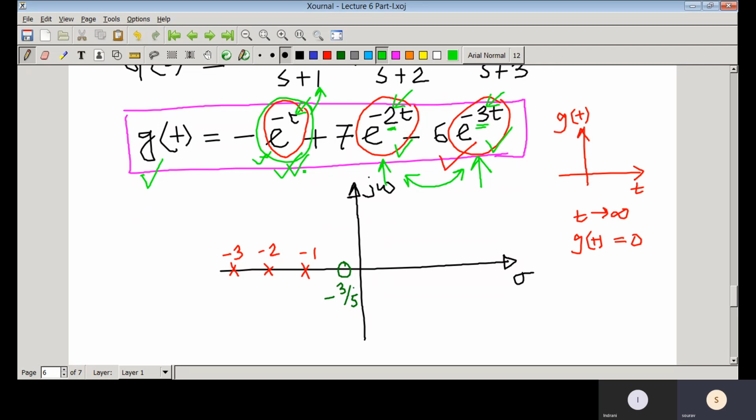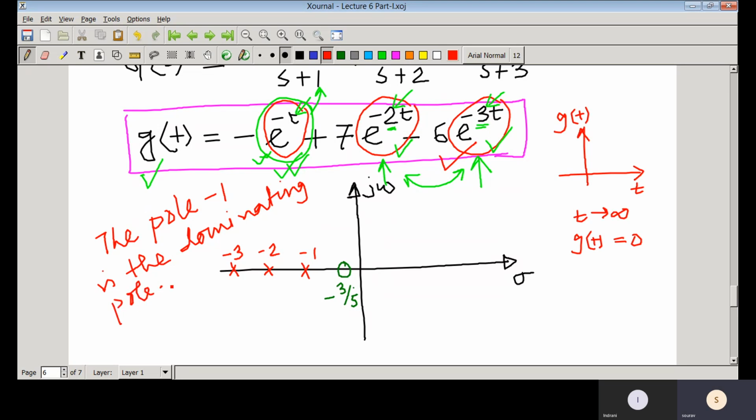That's why the pole -1 is the dominating pole. Again, I am repeating this.